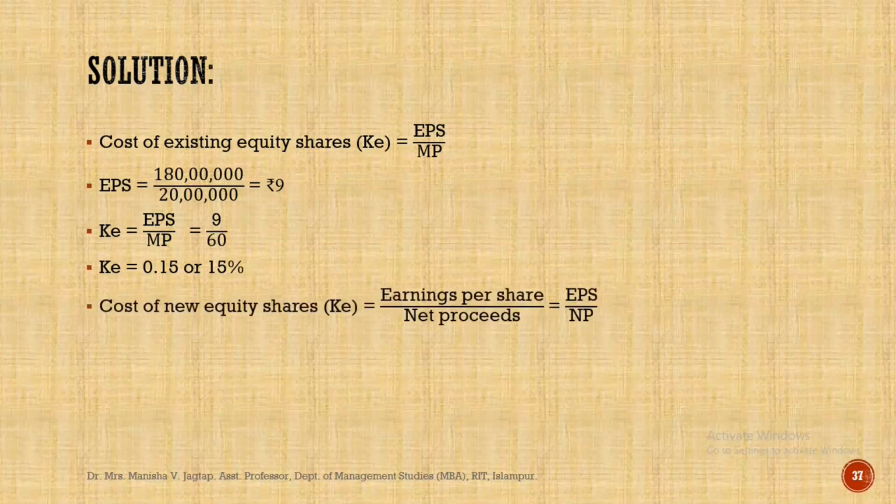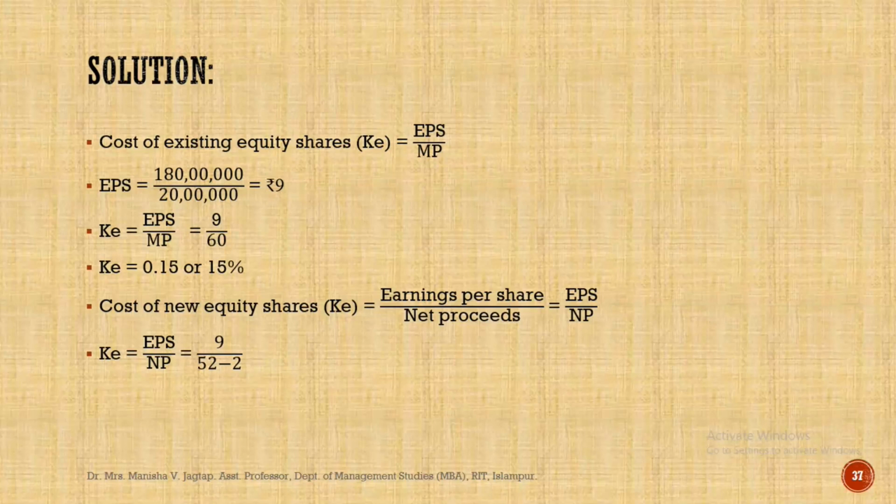Now let us see the cost of new equity shares. The formula is EPS upon NP. EPS we have already calculated, so the same figure we will continue here, 9. NP is net proceed.